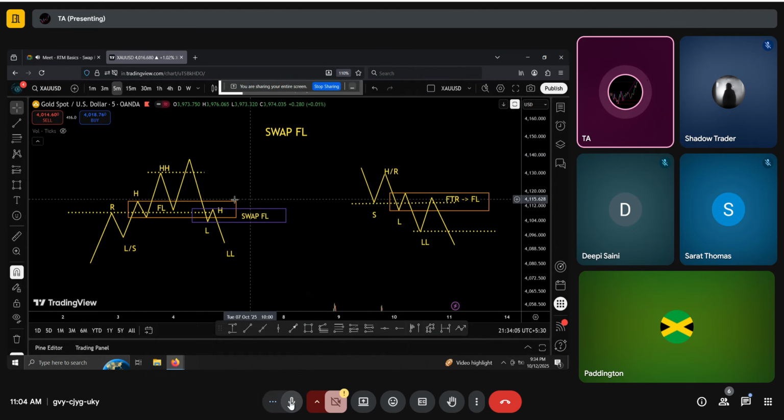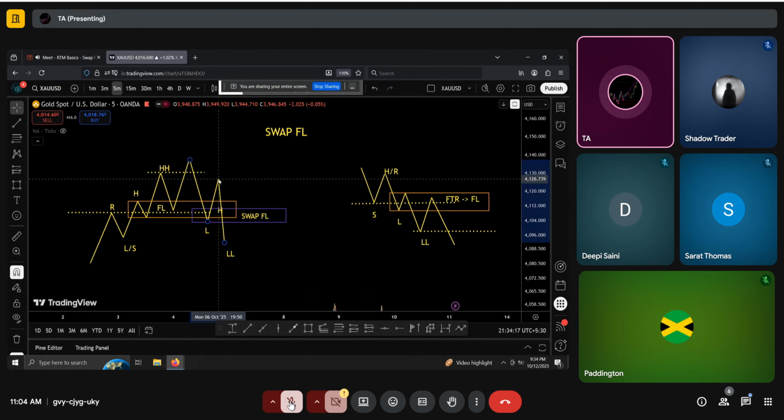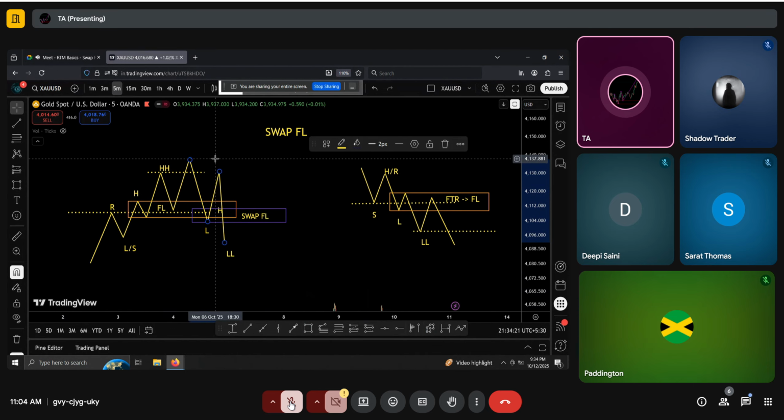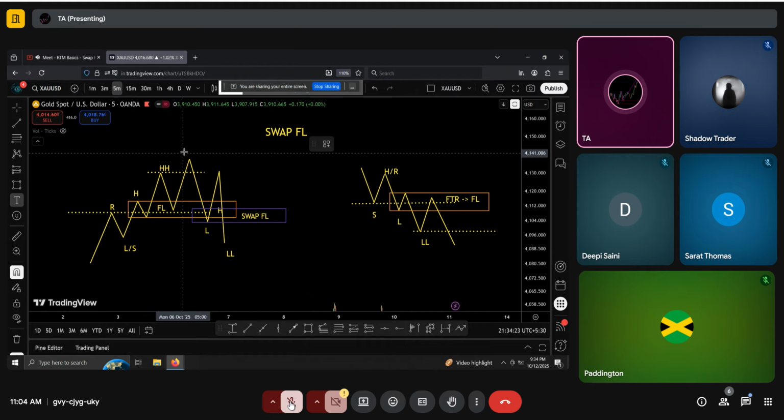And this swap FL can be this pullback: the price came back, broke this FL, went a bit up, came down. This is swap FL, and this can also go up till here, but it should not cross this higher high. This higher high was formed here.